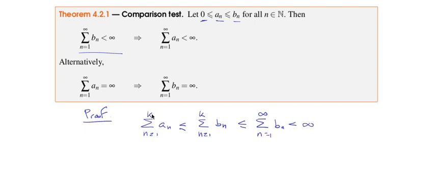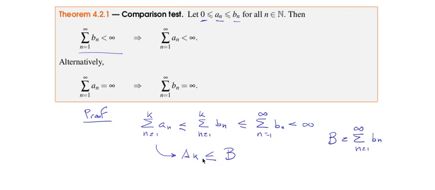So the sequence of partial sums related to A, we call it A sub k, is bounded, smaller or equal than some value B, which is the value of the series, if we call B equal to the sum from n equals 1 to infinity of B sub n.